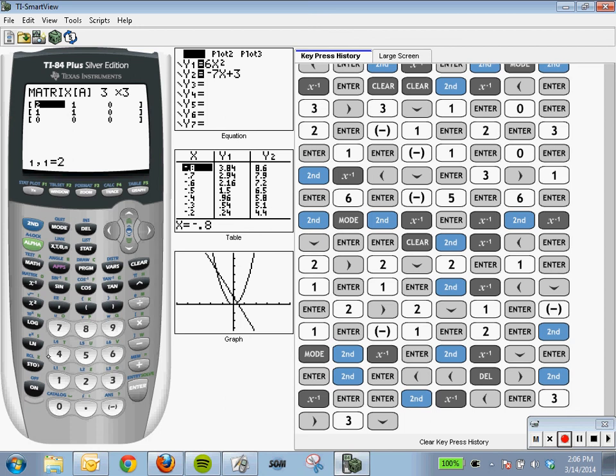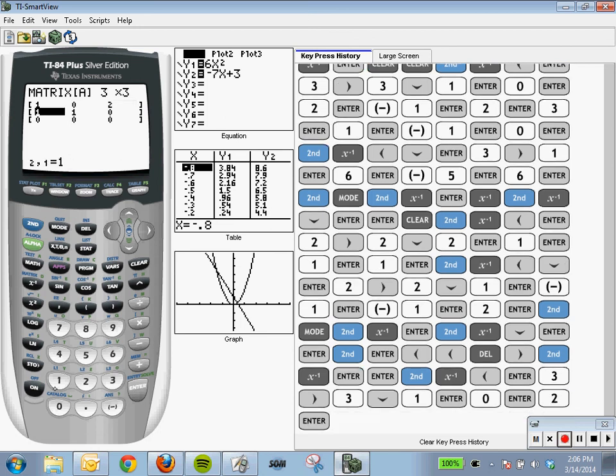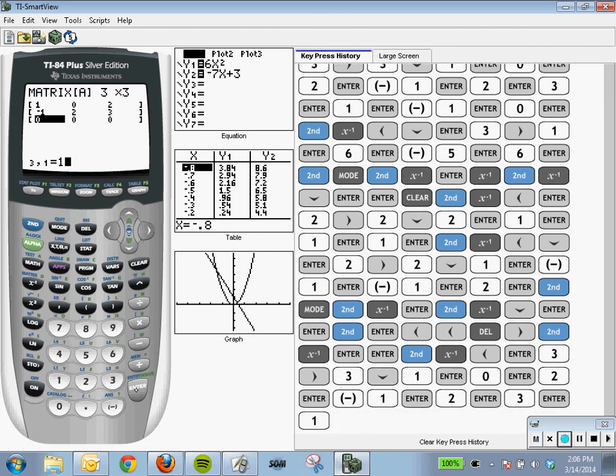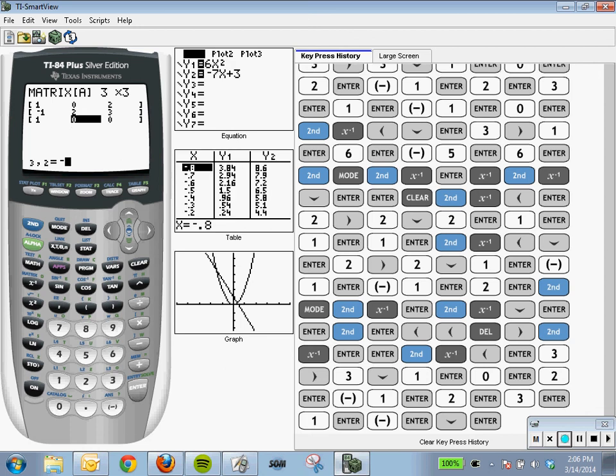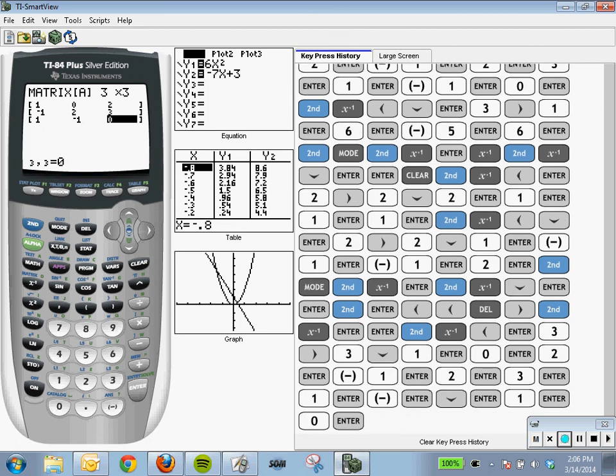What was in that coefficient matrix? 1, 0, 2, minus 1, 2, 3, 1, minus 1. Oh, crumb. Okay, so that was a minus 1 there? Yep. And 0.